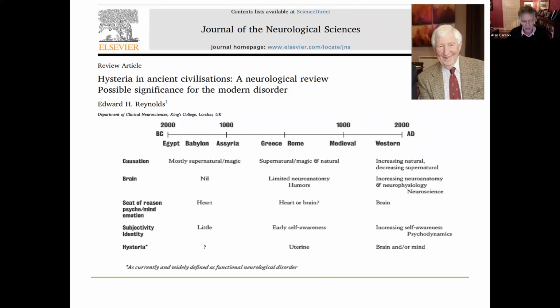But he's had a long-term interest in the history of neurology, and has written very well on this topic, often in conjunction with Kinnear Wilson, I think the son or the grandson of the great neurologist. And I've leaned quite heavily on Ted, particularly for the ancient period, which I'll confess I know less about.